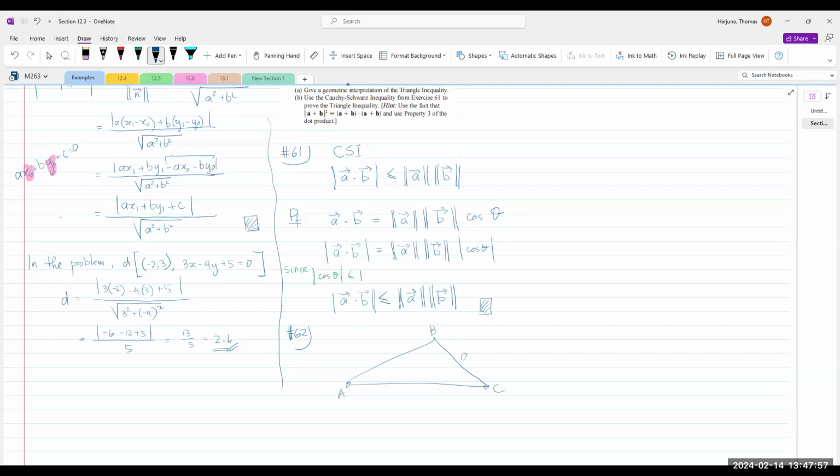So side A must be shorter than side B plus C. Okay, side B is shorter than side A plus side C, and side C is shorter than A plus B.